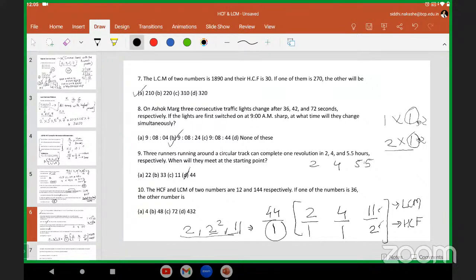So 2 into 2 is 4, 4 into 11 is 44. क्योंकि तुम LCM find out कर रहे हो. HCF में 1 आएगा, 2 नहीं आएगा. अगर 2 ले लेंगे तो फिर again वो LCM हो जाएगा, क्योंकि 1 और 2 का दोनों का multiple 2 है ना, right?